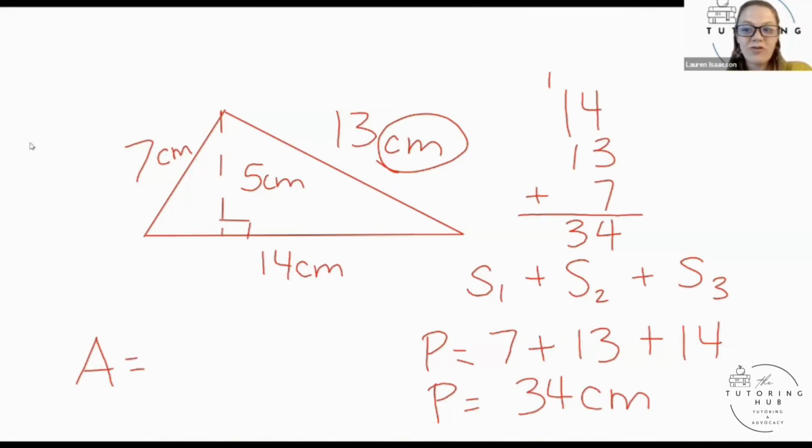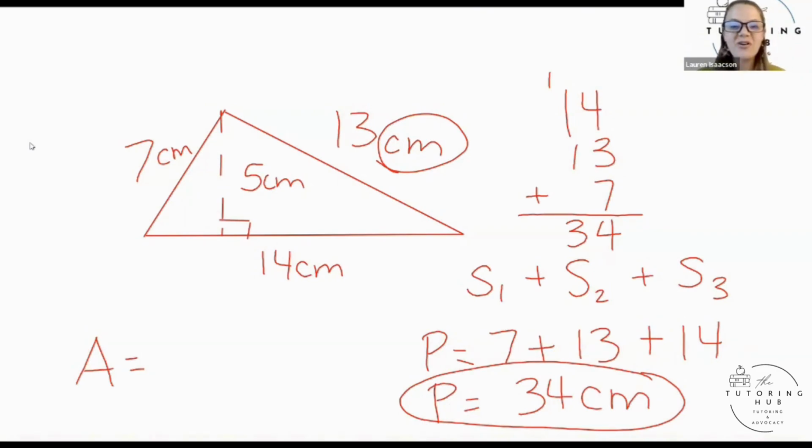Now, with perimeter, we are not multiplying, we are not finding the space contained inside. Therefore, I do not need to square my unit. It is just centimeters. What do you think? Easy, medium, hard? If you think this is a little bit of a challenge, I want you to practice on your own.